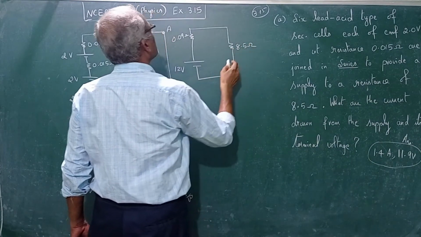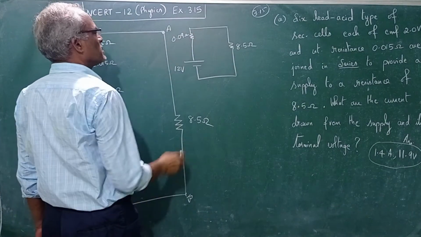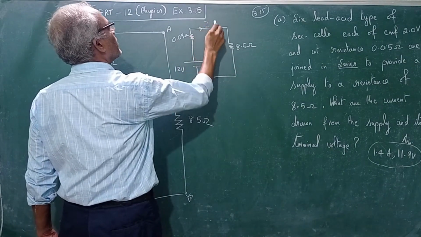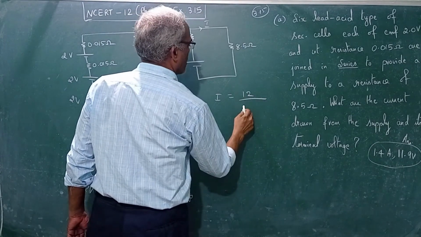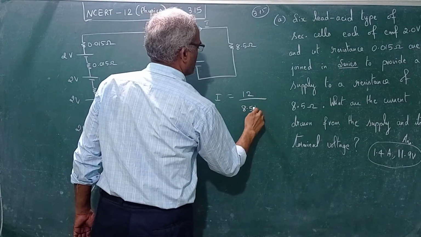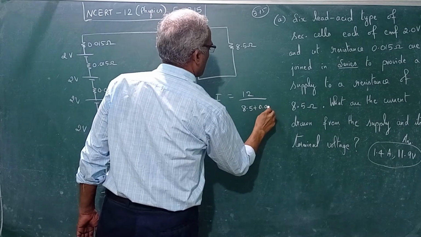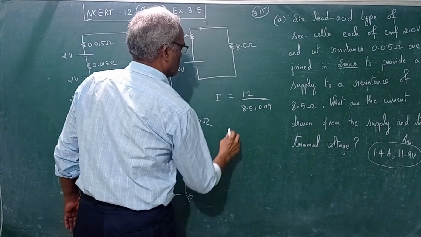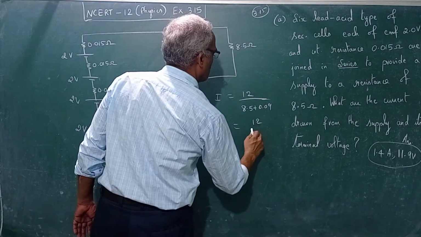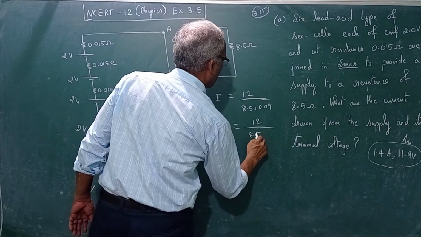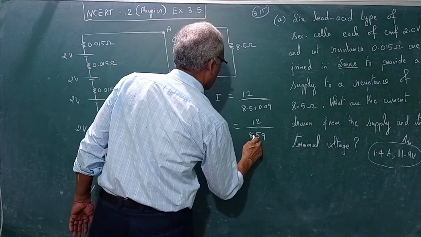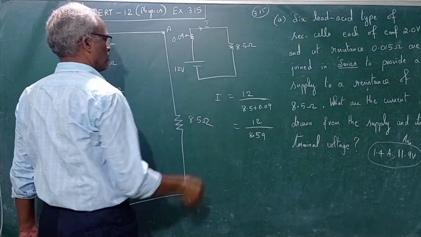Now this is connected to 8.5 ohms. This resistance and this resistance are in series, so the current I is equal to V by R, 12 divided by 8.5 plus 0.09. So this gives you 12 divided by 8.59. This is the current flowing in the circuit.